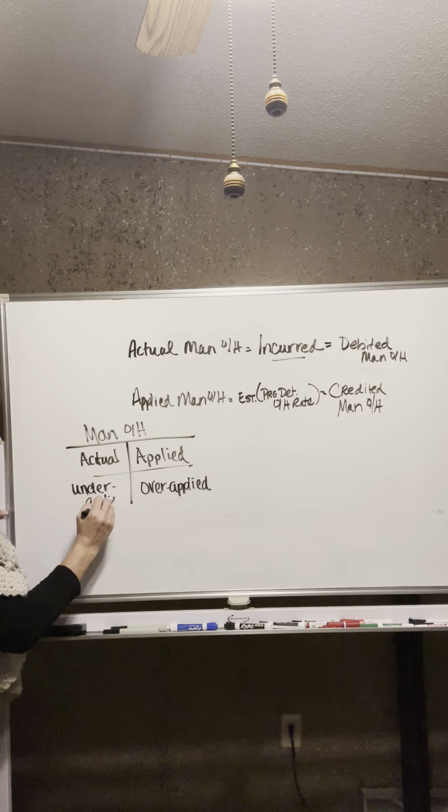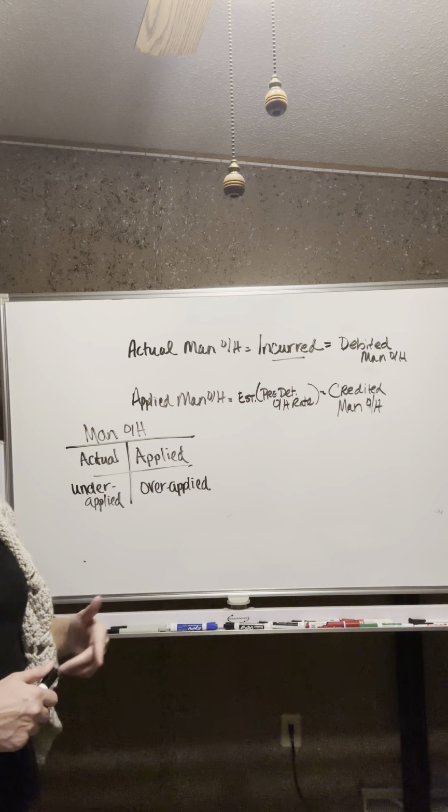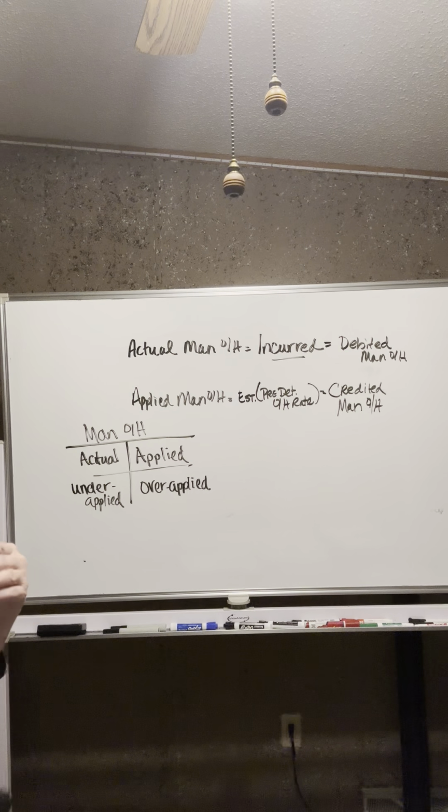I didn't estimate enough compared to what we really had, because my actual amount was more than what I put into the process. Also understand what over applied means. If I am over applied, I used too much with my predetermined overhead rate and put too much in there compared to what we actually had.